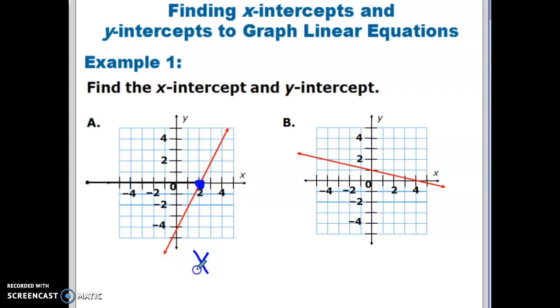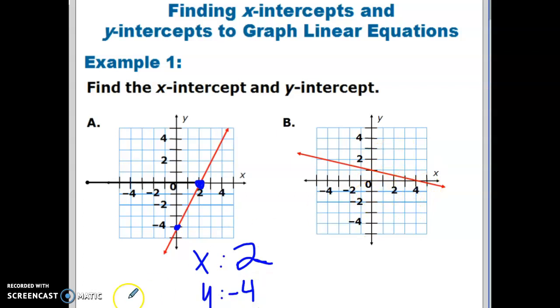So we'd put x-intercept is 2. Now on the y-intercept, I'm on the y-axis, and I just go down, down, down, down until I touch the red graph. There it is. The y-intercept is -4.